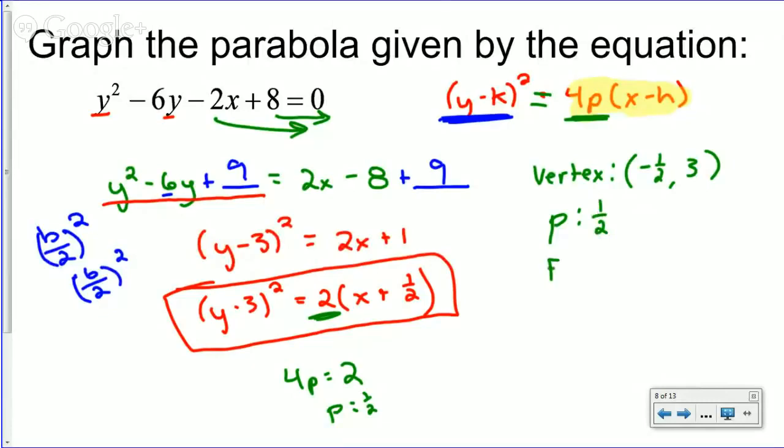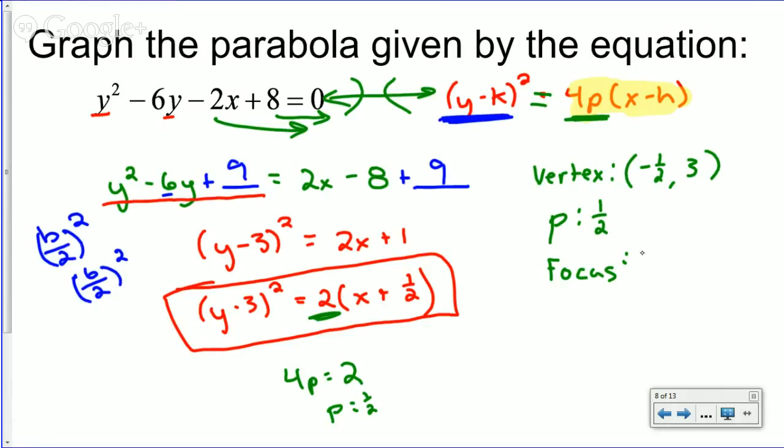You want your focus. Okay, so it's y squared, so it's open left or right, so we want to add that p value to our x, because we're moving it in the x direction.